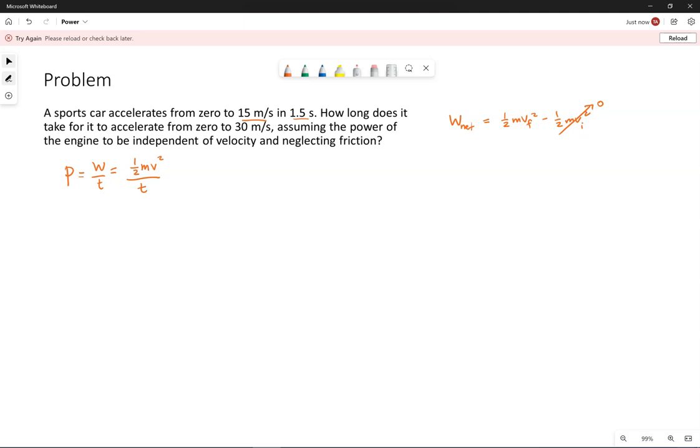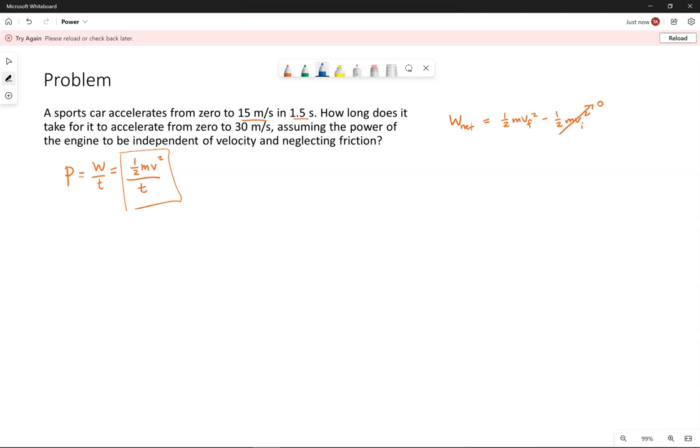We won't get an actual number because we don't know the mass of the car. But since we're assuming the power to be constant, we can say 1/2 mv squared, whatever kinetic energy the car reaches versus per time is going to be the same.